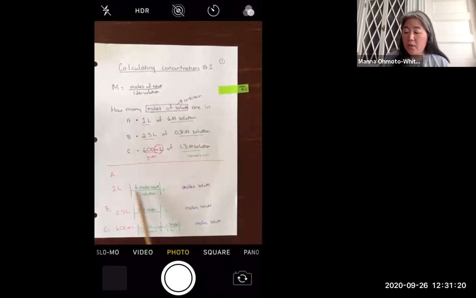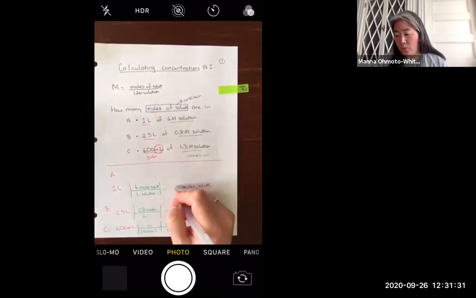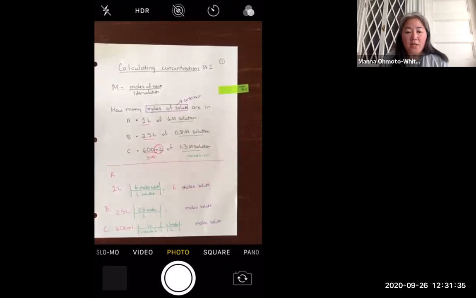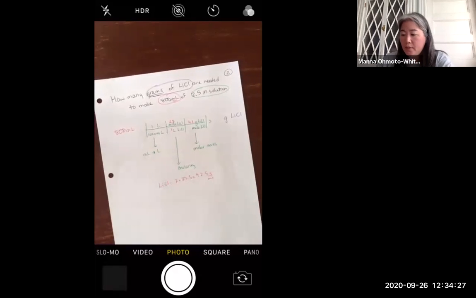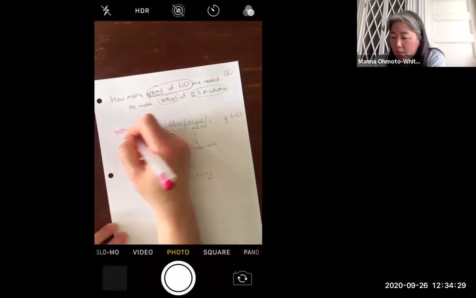So the first one is the simplest one. I have 1 liter, and it's a 6 molar solution, so I multiply by 6 over 1 liter of solution, so I get 6 moles of solute. 2.5 liters of a 0.8 molar solution is going to give me, so this cancels out.